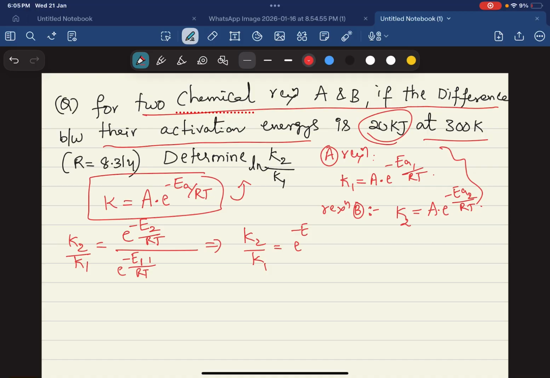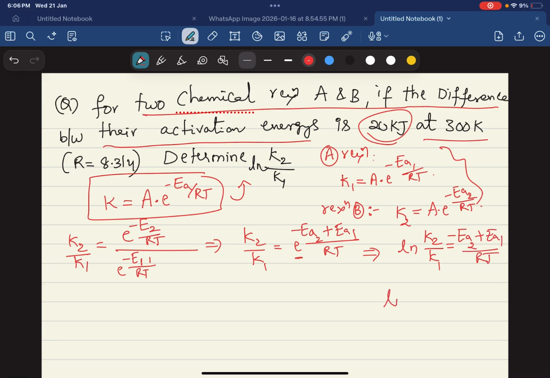If you simplify, we get K2 by K1 equals e power minus Ea2 plus Ea1 by RT. If you send the e to the other side, it will be ln, the natural log. So ln K2 by K1 equals minus Ea2 plus Ea1 by RT.